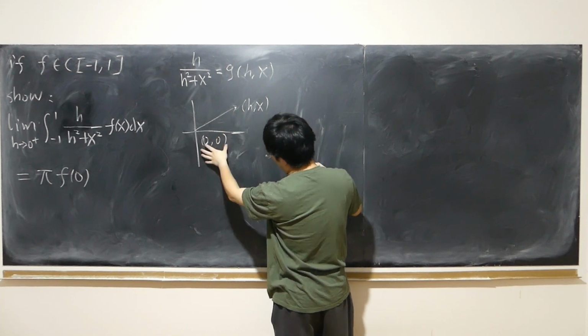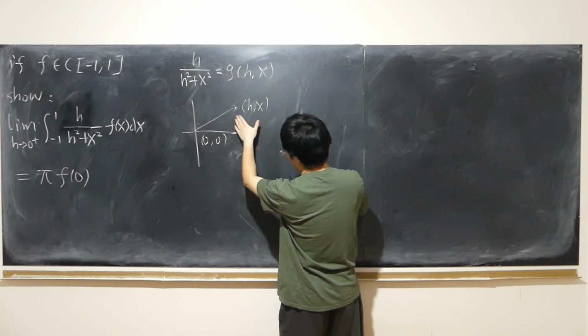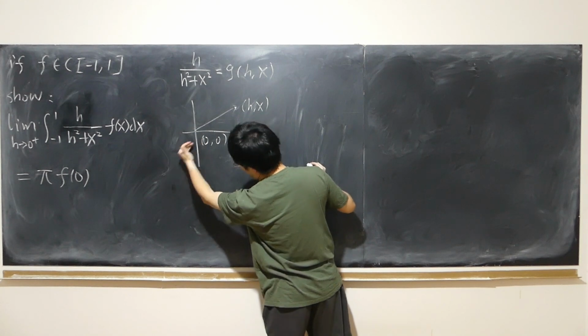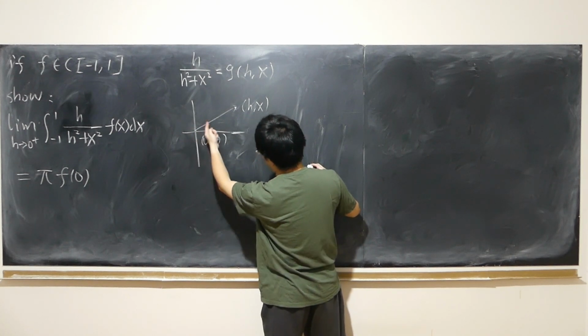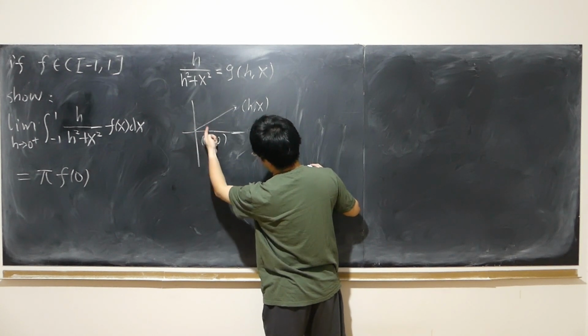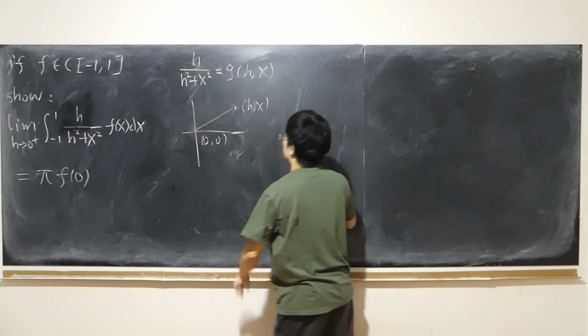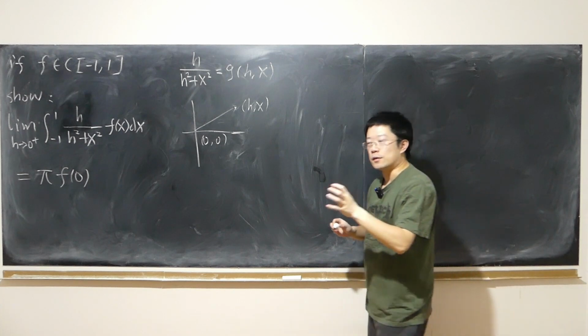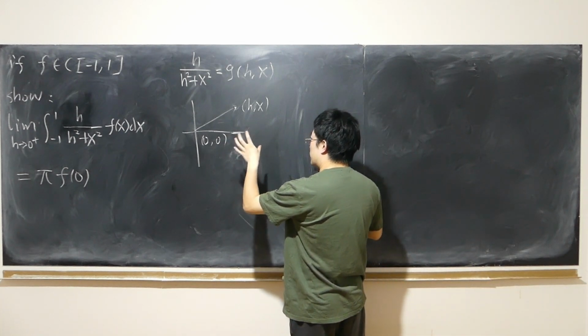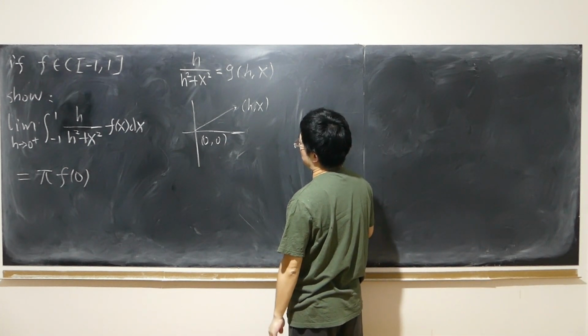I can approach 0, 0 from any direction: in this direction, that direction, or in a circular direction. Each different way of approaching will give me a different answer.